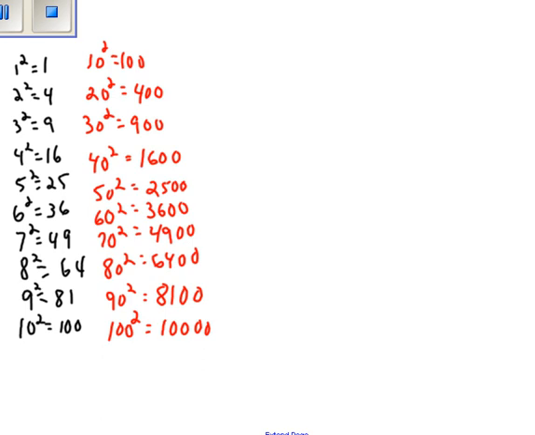All right, these will become our benchmarks, and we can use them to help us estimate square roots. Let's take a random square root, something like 6,728. So our job is to find the square root of 6,728. We can use our benchmarks. It's probably going to be more than 30 squared, because 30 squared is 900.